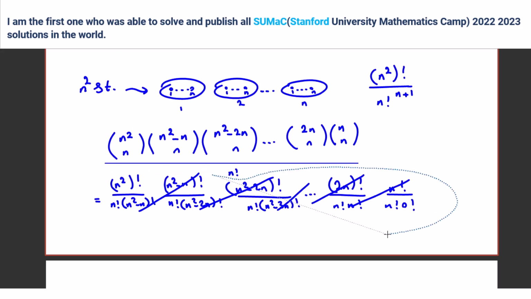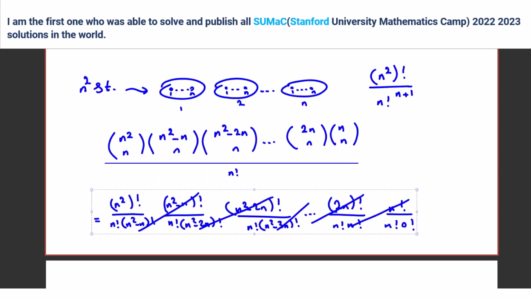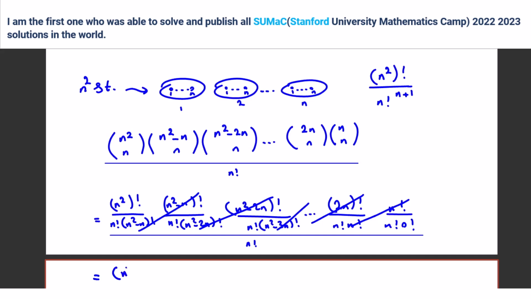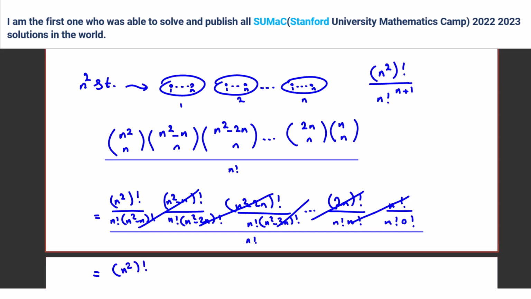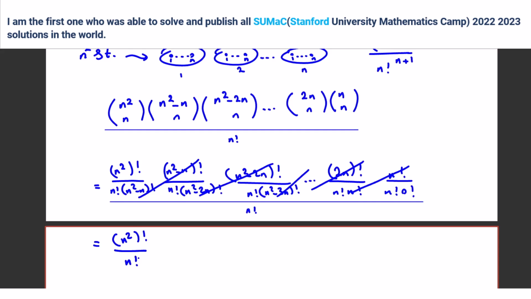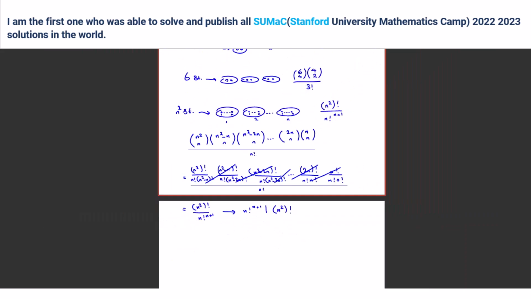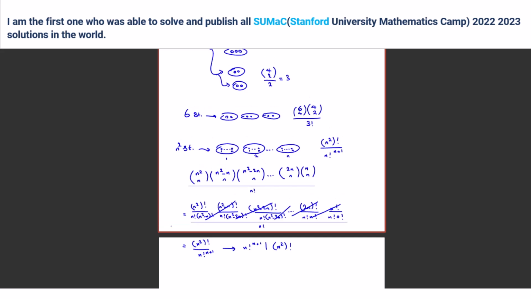So now do you agree it will be n factorial to the n plus 1? So n squared factorial over n factorial to the n plus 1, right? Mm-hmm. So we can conclude n factorial to the n plus 1 divides n squared factorial because we are calculating the number of ways to split. So this one is an integer. So we can conclude this one divides this, right?